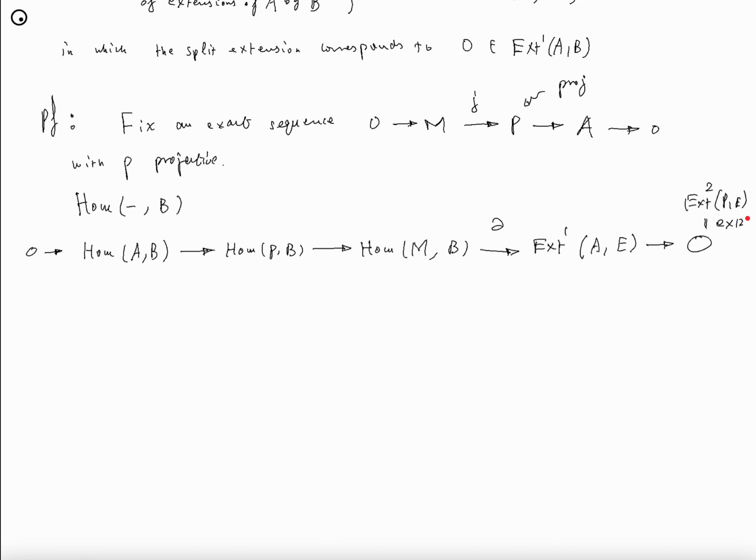That's why we picked that P to be projective. So let's concentrate here. We want to construct a map from extension class to Ext^1(A, B).